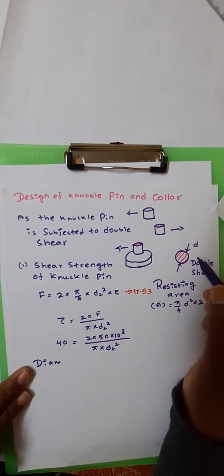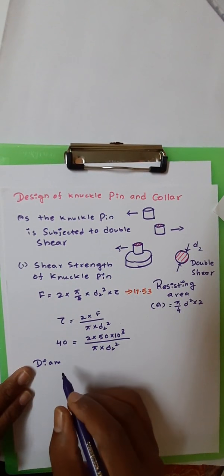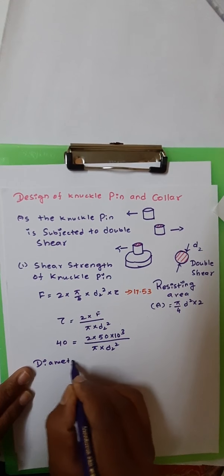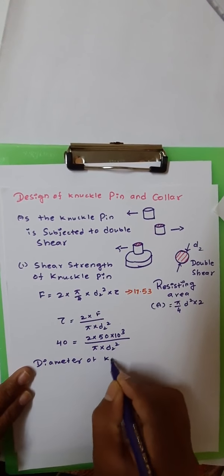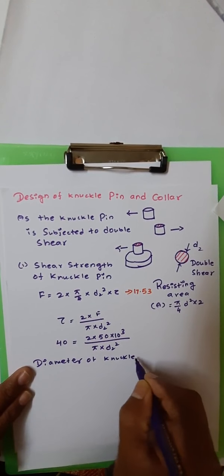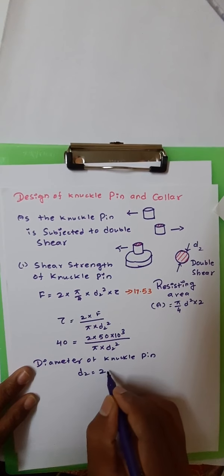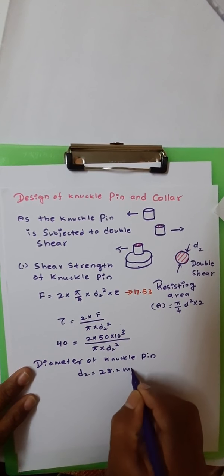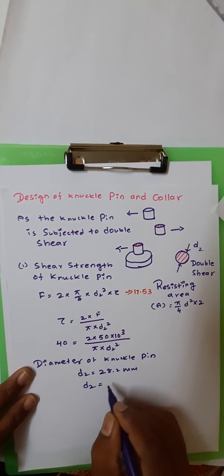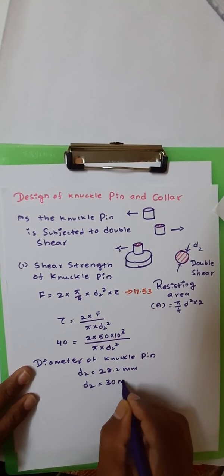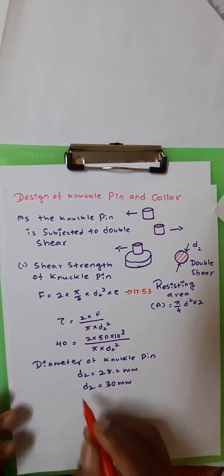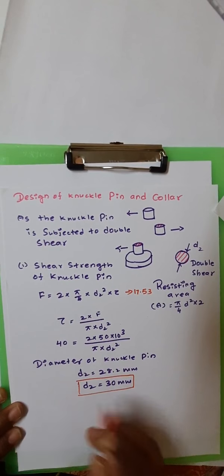The diameter of the knuckle pin, d2, is equal to 28.2 mm. So we'll make it d2 is equal to 30 mm.